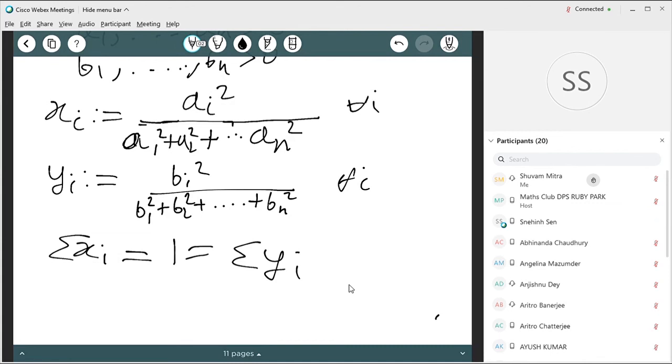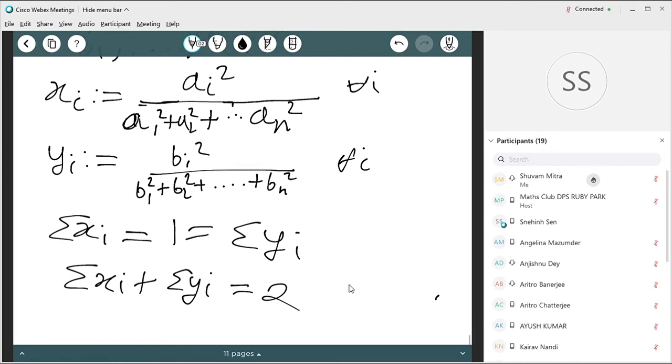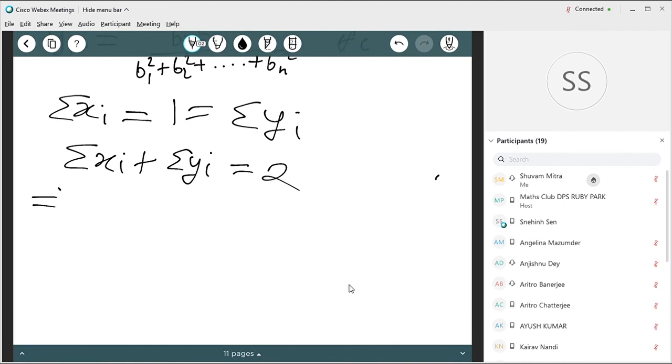Yes. Okay, so now we consider the following: the sum of xi plus the sum of yi. This is nothing but 2, or written in an alternative form, this is nothing but the summation, i equal to 1 to n, of (xi plus yi) by 2.